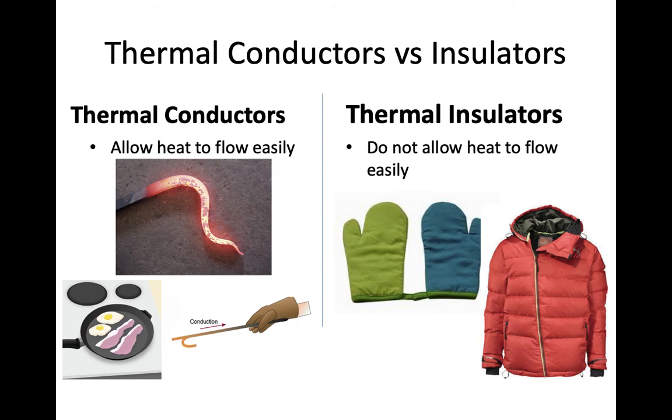In that direct contact, as those collisions are happening through those particles within a metal solid, they vibrate very easily, and are able to transfer thermal energy from one particle to another. This is how you cook food at home.